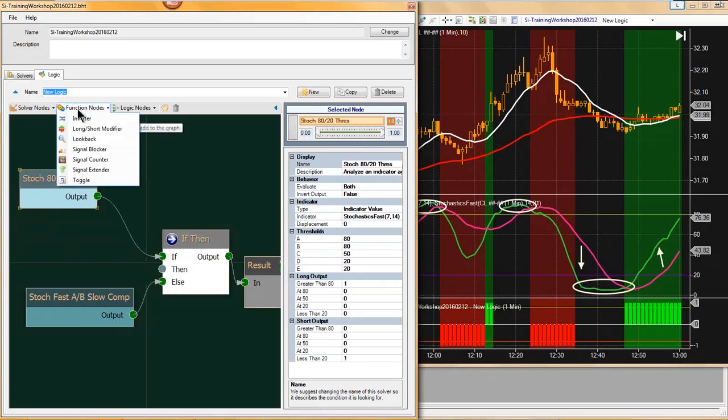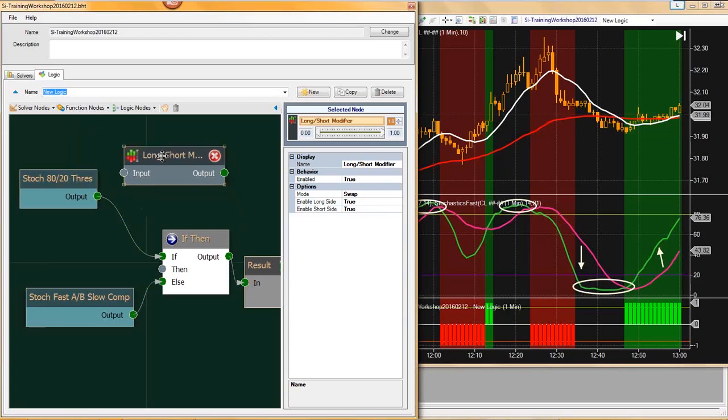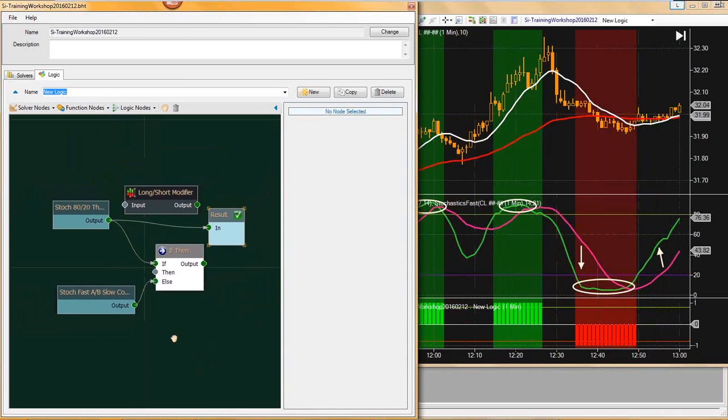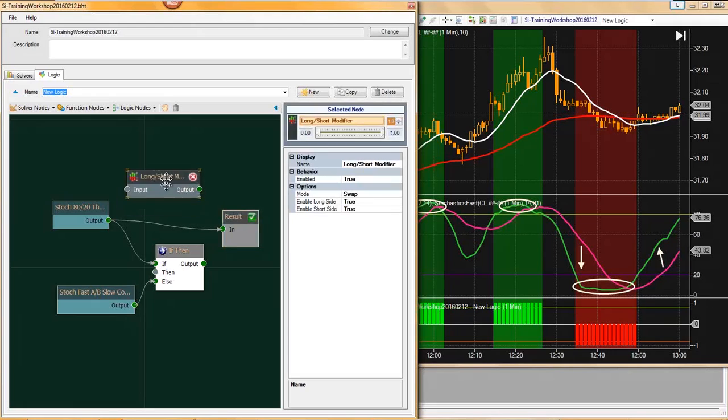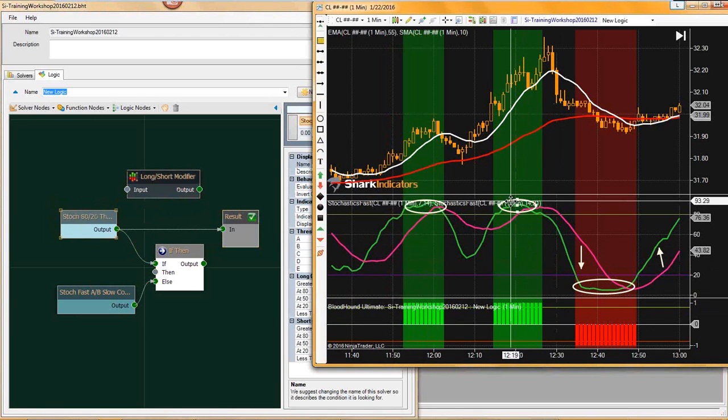So what we need is a long short modifier, right? Just as a reminder, what's happening is that condition A has a long output.